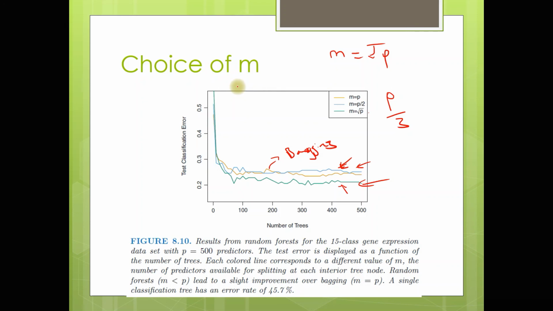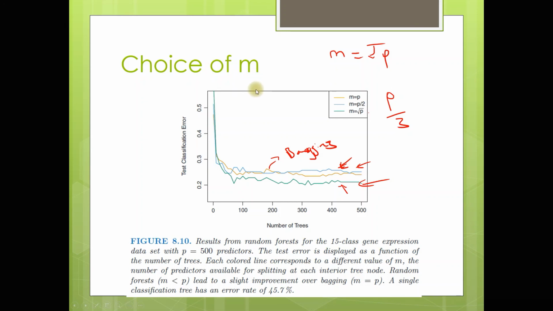Bagging is based on bootstrap samples, and random forest as well is still based on bootstrap samples. So there are a lot of similarities. The only difference is the choice of M.